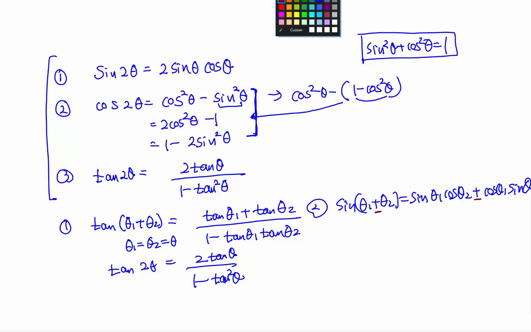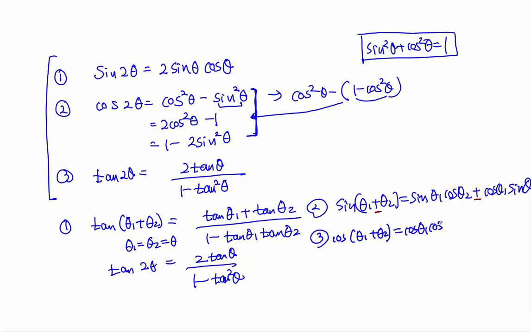And we also have cosine of theta 1 plus theta 2: cosine theta 1 cosine theta 2, a little bit different. This is minus, sine theta 1 sine theta 2. If this is a minus, then this is a plus.